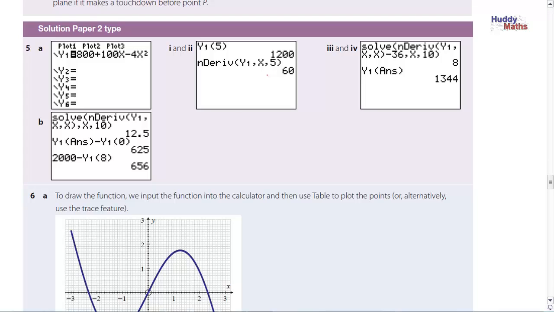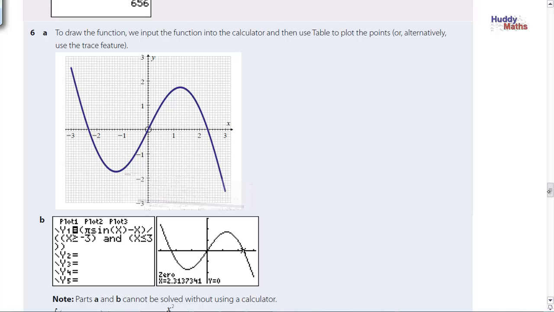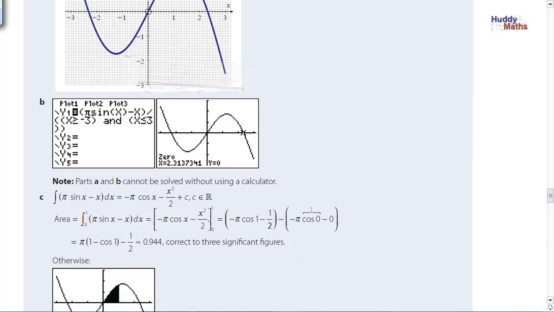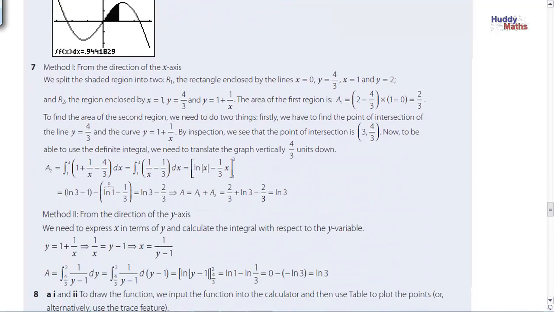And again, you can graph the derivative here and then G-solve it. Question 6. Most of it, some more coming up. Rest of question 6. Coming down to question 7.